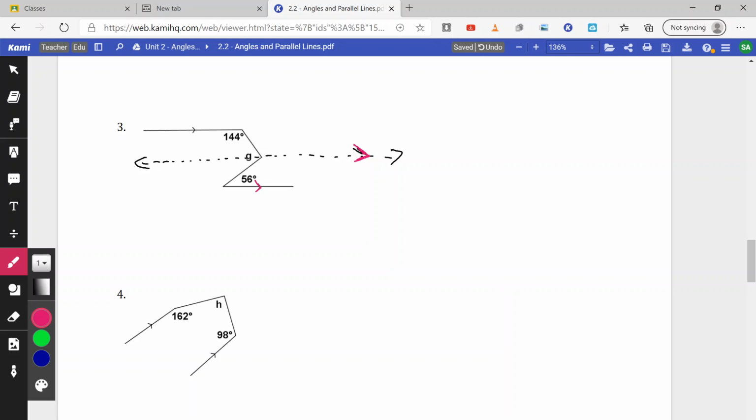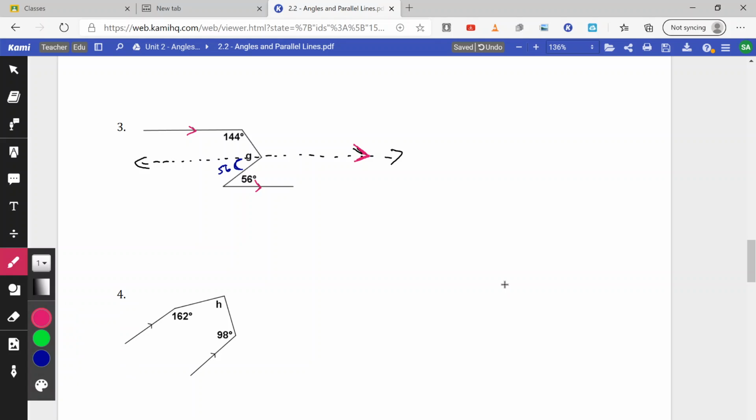So we know these three lines are parallel. So if I have this line and this line parallel, we know if this part is 56, we know this section up here is also going to be 56 degrees. And then the same thing up here. I have parallel line cut by a transversal here.